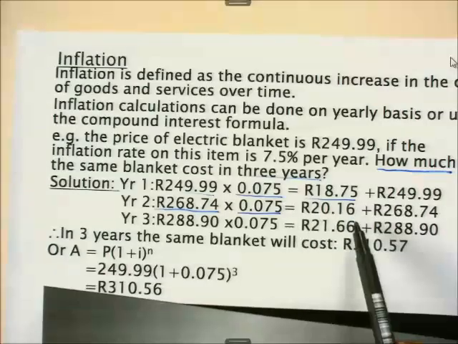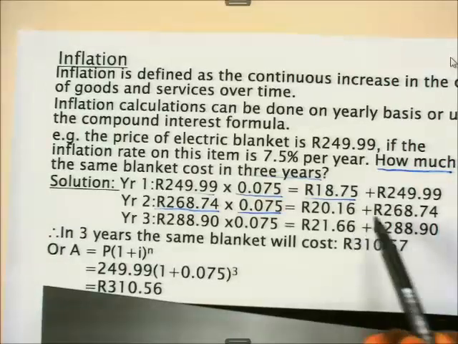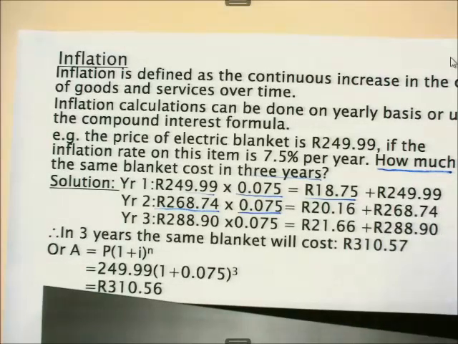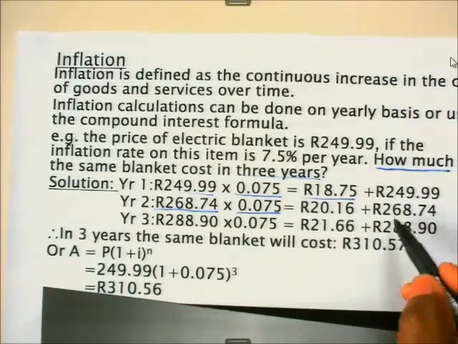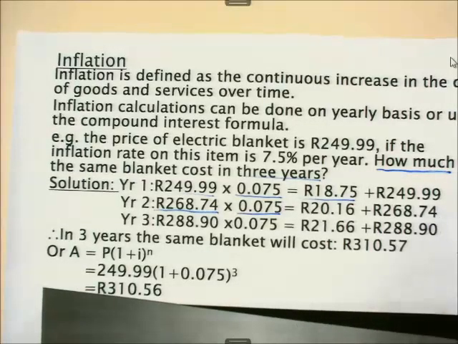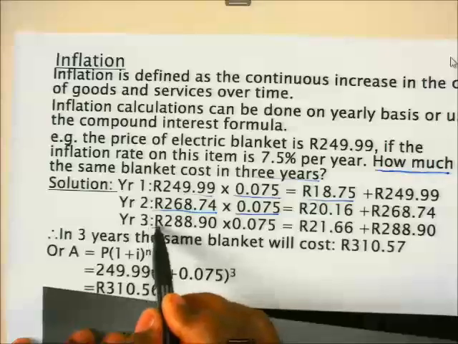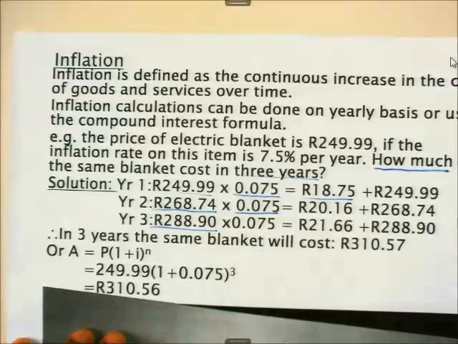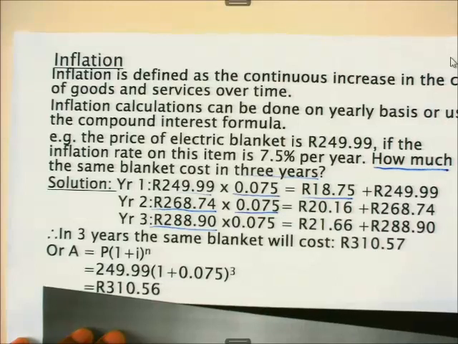And when you add 20 rand 16 cents to the amount of the second year, 268 rands 74 cents, you end up with 288 rands 90 cents. That's that blanket in year 3.